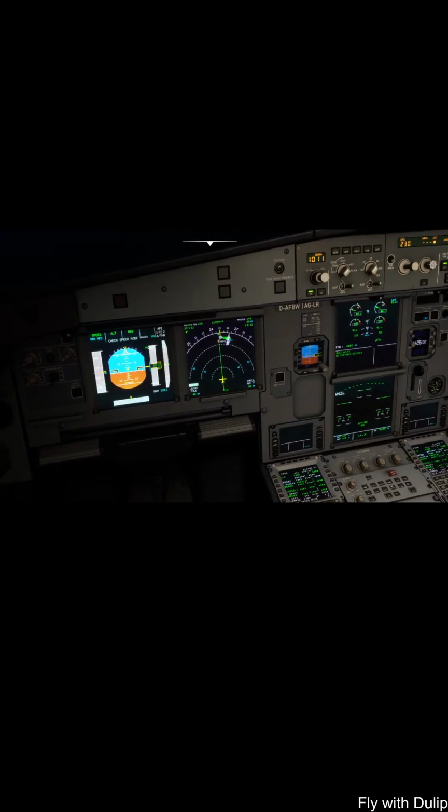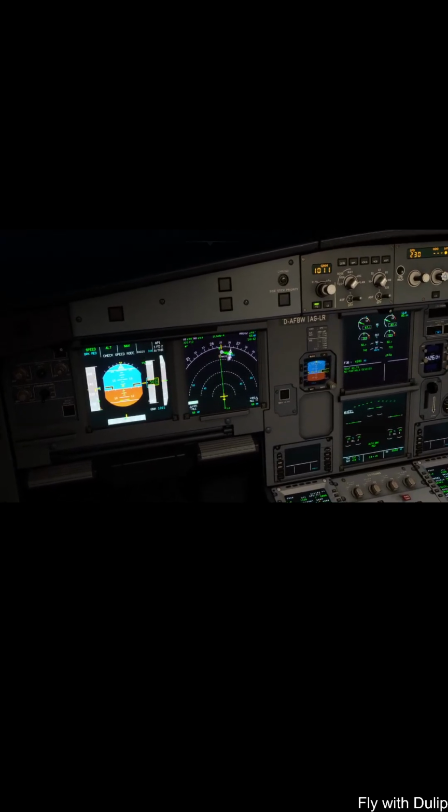Then we can see how far we are from the airport. We are actually east of the airport right now, and we have 65 nautical miles to the airport for the landing. And this is the most tense occasion.